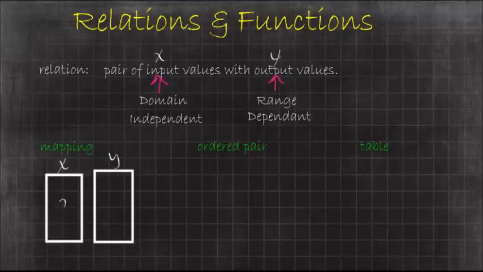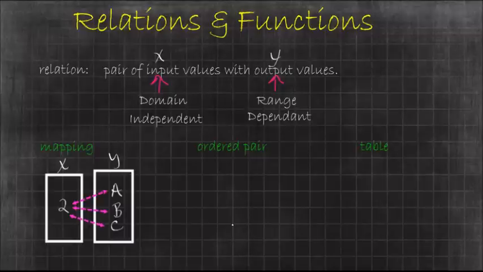An example: if I have an x value of 2, then I can have a, b, and c for y. Now if you ever wanted to see what this relationship would be, I could say I have 2a, 2b, or 2c.